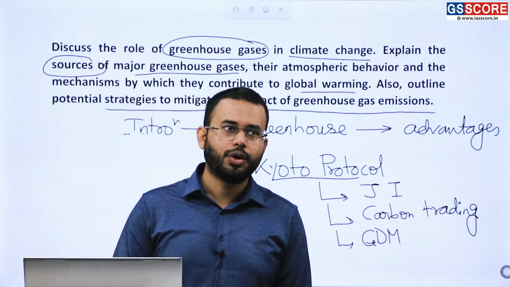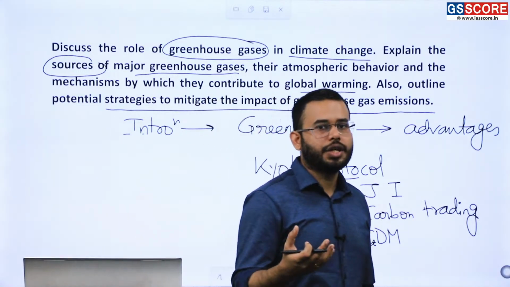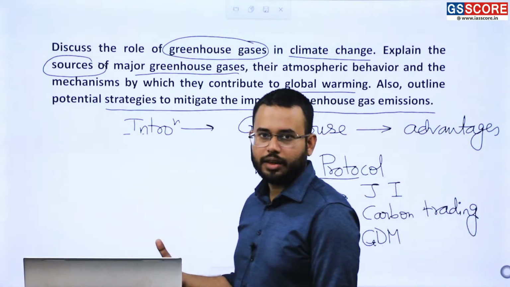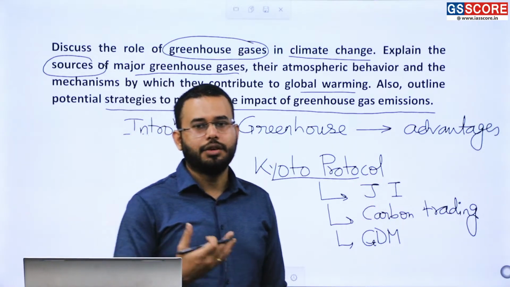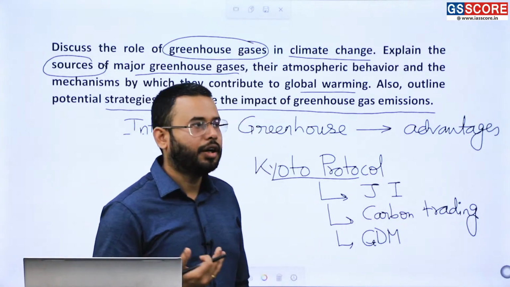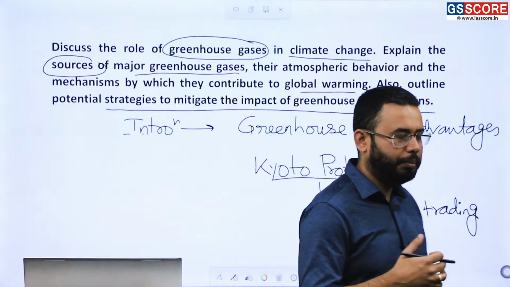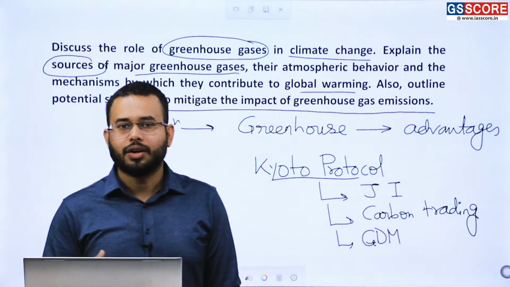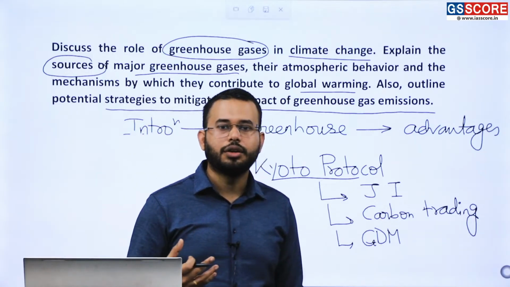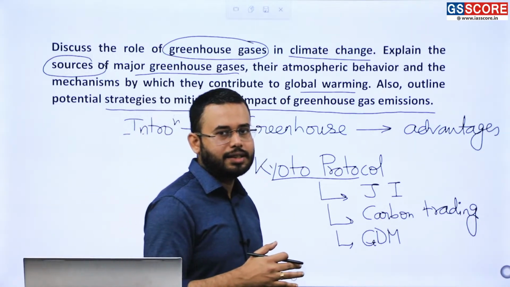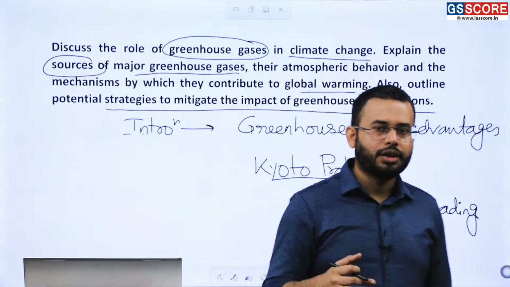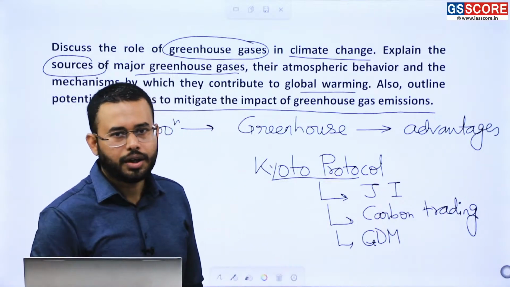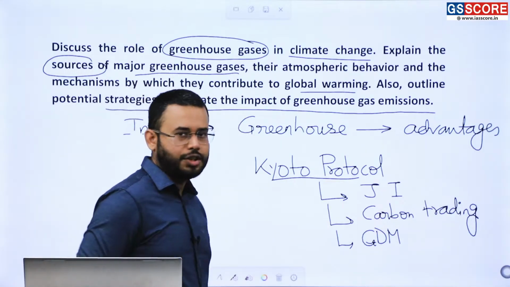And definitely if you want to add the national initiative, you can talk about the Panchamrit targets which we have taken, five targets to be achieved by 2050 and our target of becoming net zero by 2070. That is also, you can say, the government's intention towards reducing greenhouse gases and reducing climate change. Fine. So with quoting these things, you can conclude your answer to this question.